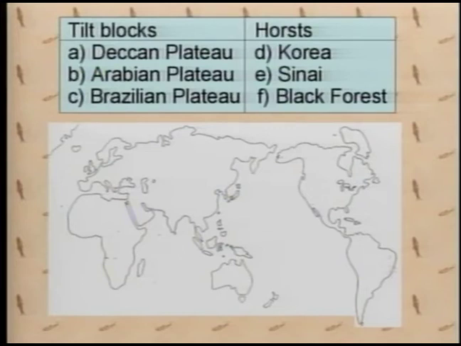For the horsts, the Korean horst, the Sinai horst, and the Black Forest horst. Those are the three examples of horsts that I'd like you to plot accurately on the blank world map where they are found or located. And similarly for the tilt blocks, the three that are given to plot on the blank world map. And that is what I'd like you to complete for your homework.